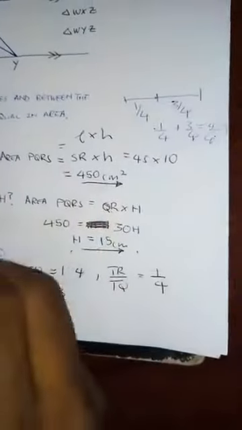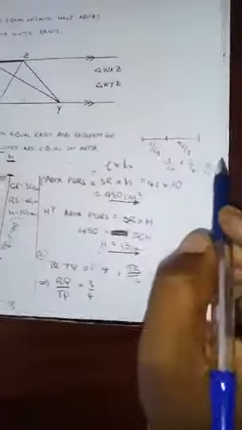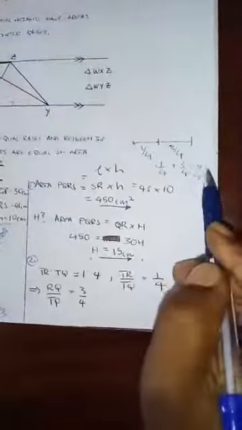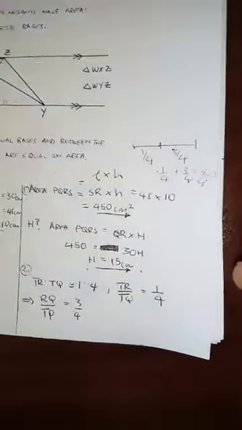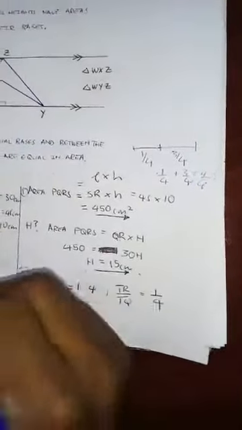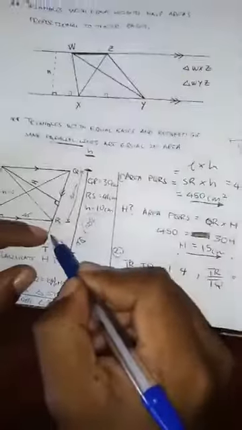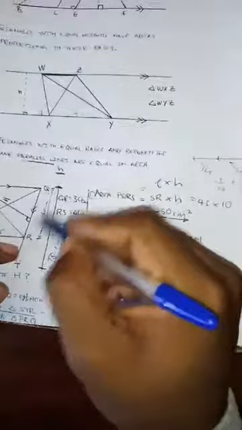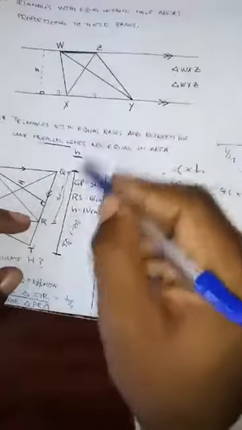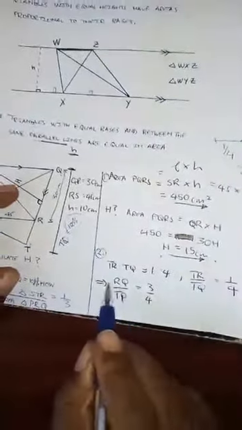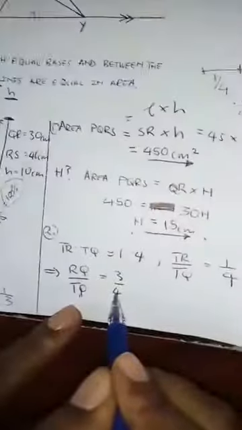That's what I mean by 100%. It's a full side, full ratio. Its full length is 1, but you are dividing it into ratios. So if you have that part being 1 over 4, it means that part would be 3 parts over the whole, which is 4. So that's why you have RQ over TQ being 3 over 4 here.